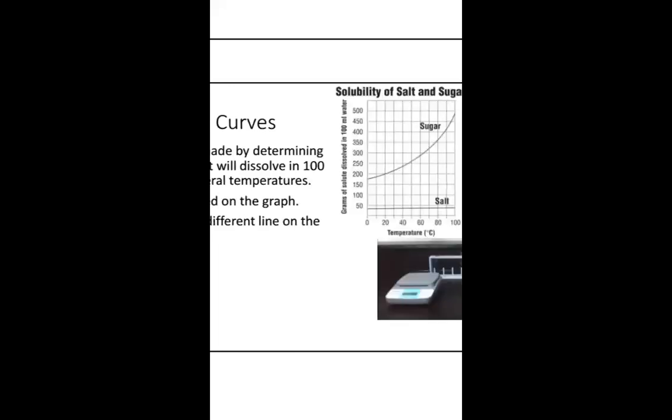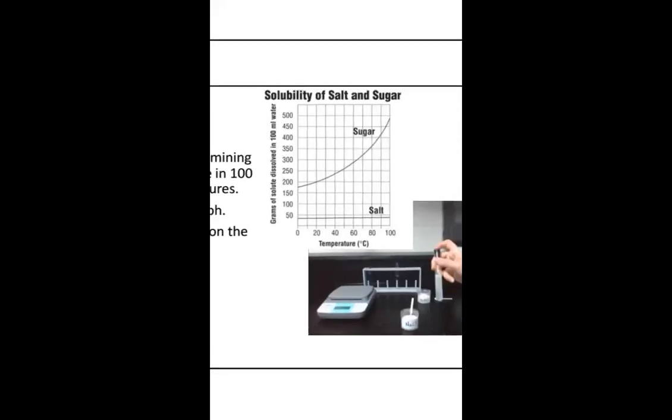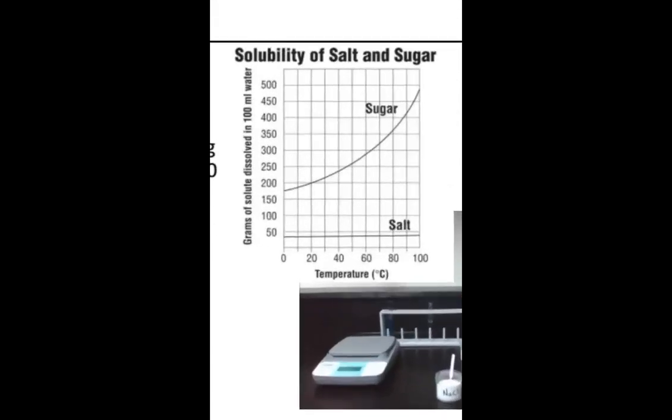So for example, this is an example of a solubility curve. So this shows the solubility of salt and sugar. As you can see here, on the y-axis, we have grams of solid dissolved in 100 ml of water, and then on the x-axis, we have temperature.